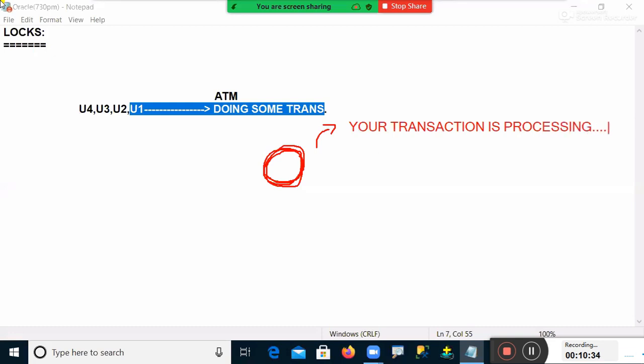Are you getting this kind of message? Sometimes you are booking online, products or movie tickets or train tickets or flight tickets, through your online application. Yes or no? Sometimes our transaction will be processing and the message comes out: your transaction is under processing. Does anybody face that kind of message?